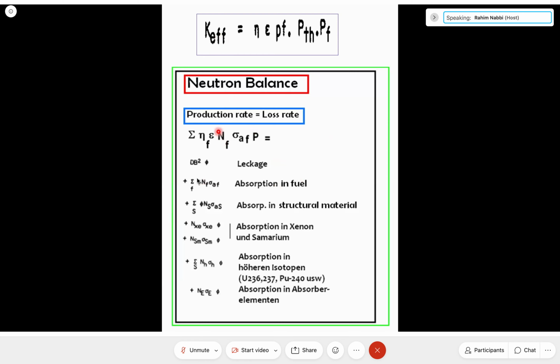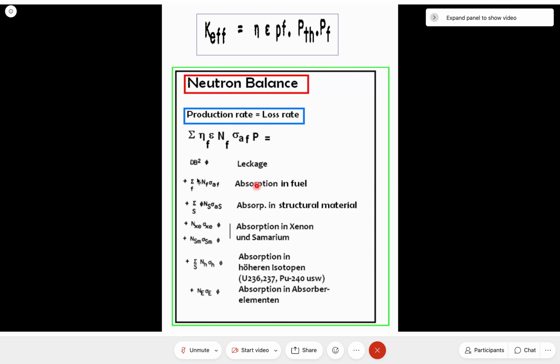And you remember, the multiplication factor in the very general case consists of six factors, epsilon, p, and then p_F, p_TH, and so on. So every individual one depends on the neutronic and operational conditions inside the reactor.